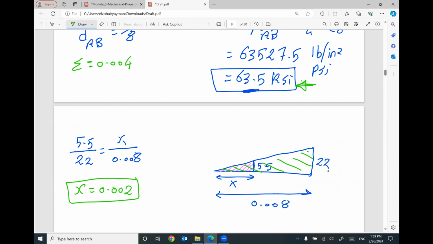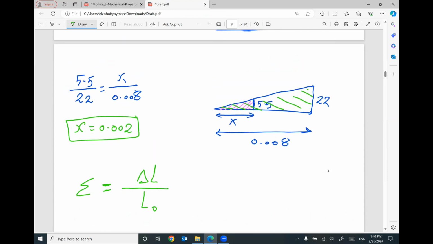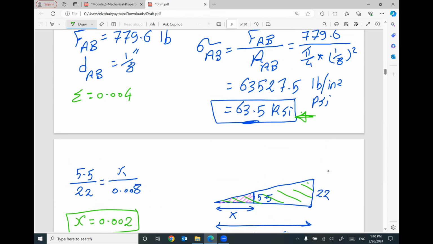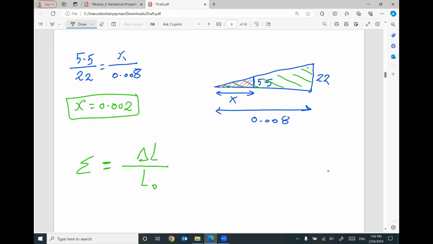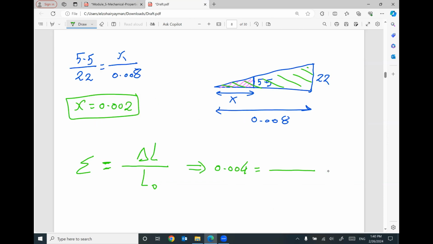Does that make sense? Keep in your mind, any strain equals the elongation in this wire divided by the original length. Since the corresponding strain in member AB or wire AB equals 0.004, and the original length of wire AB equals 2 feet, I will multiply it by 12 to be in inches.